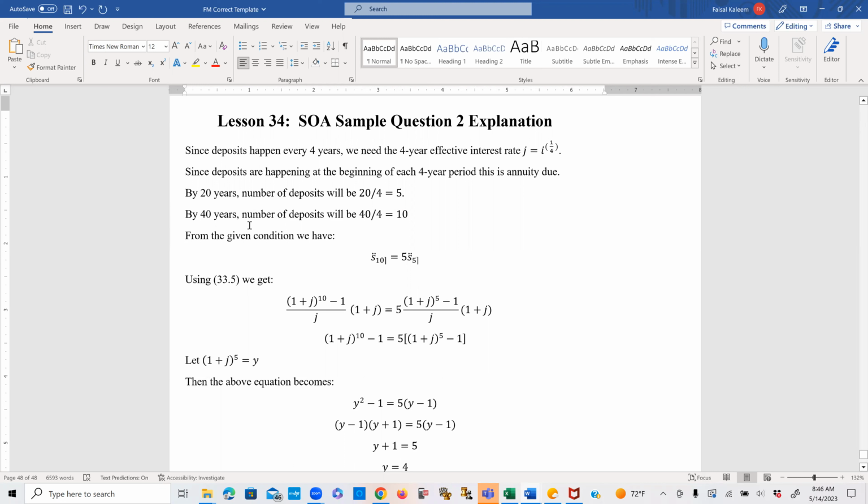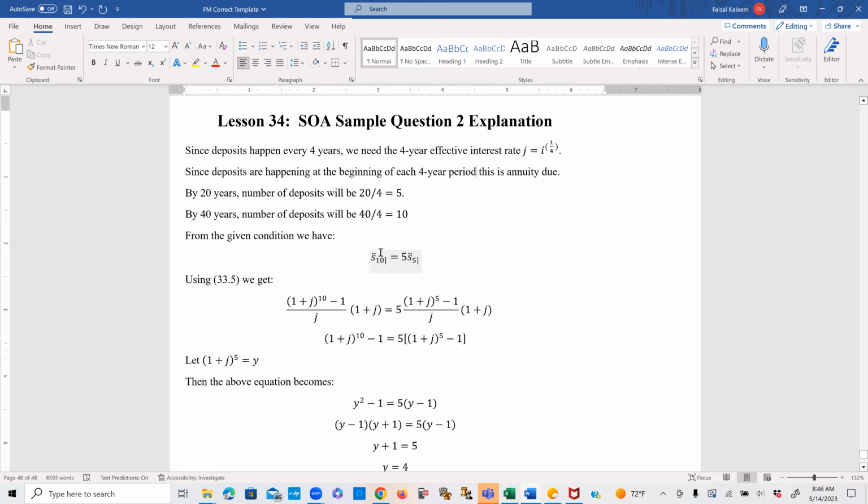So as we said, in 20 years, there will be 20 divided by 4 equals 5 deposits, and in 40 years, there will be 40 divided by 4 equals 10 deposits. And the accumulated value in 40 years would be S double dot 10, because 40 years correspond to 10 deposits. And remember, in S_n, the n is the number of payments, so the number of deposits.